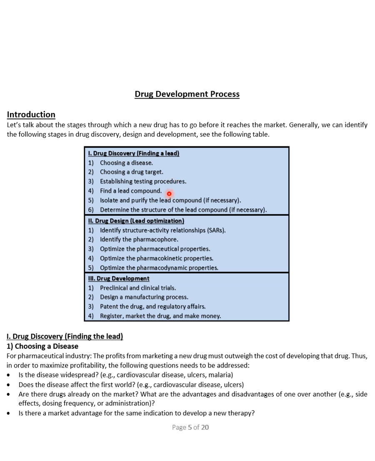So a lead compound means it's a new molecule that's never been used before, and then isolation and purification of that lead compound in case it's part of a complex of compounds, as in the natural products, for example, and then determining the structure for that lead if we are not sure yet what that structure is.